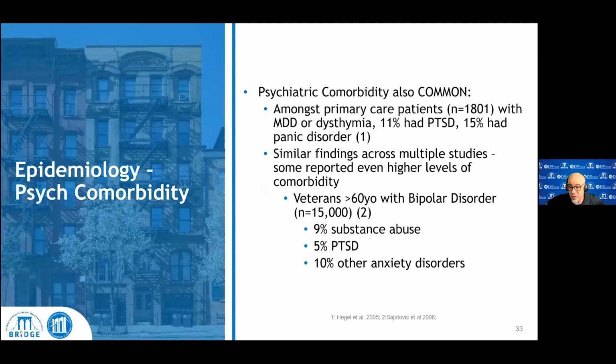Psychiatric comorbidity is also really high in these populations, right? Especially you could see amongst primary care patients with major depressive disorder or dysthymia. 11% had PTSD in one sample, 15% had panic disorder. So if you have a patient coming into your clinic, it's not just that they're going to have depression, right?